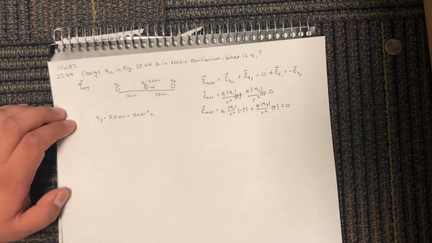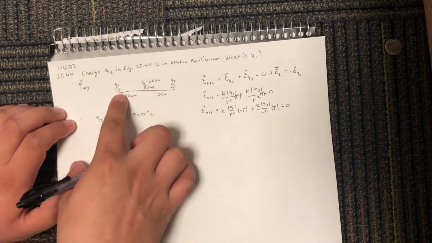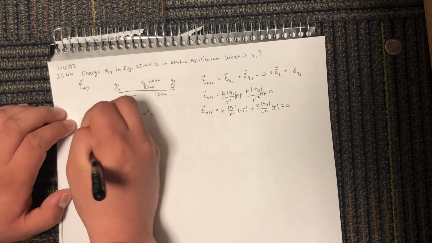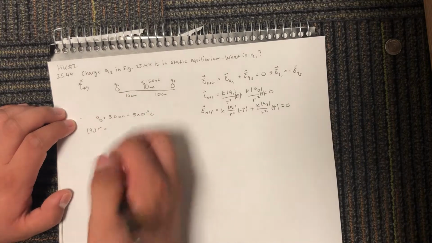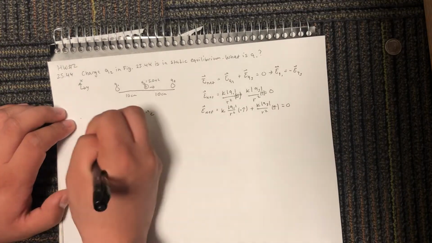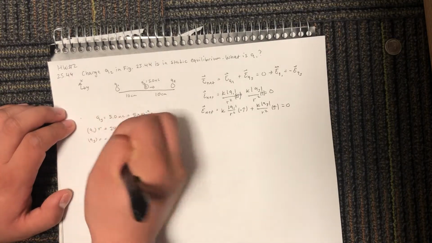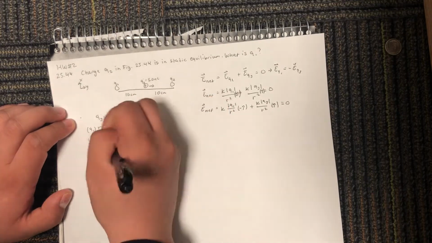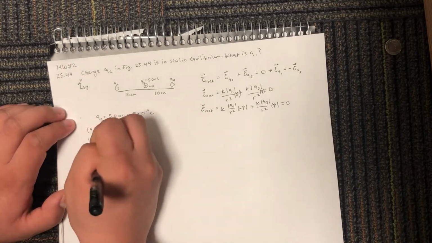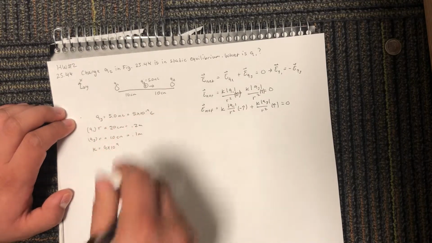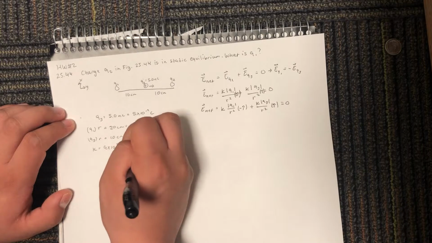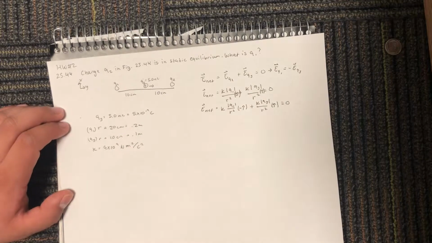In terms of conversion, from Q1 to Q2 we have an R distance of 20 centimeters, which can be rewritten as 0.2 meters, and from Q3 to Q2, R is 10 centimeters, which can be rewritten as 0.1 meters. And K is our constant of 9 times 10 to the 9th newton meters squared over coulombs squared.